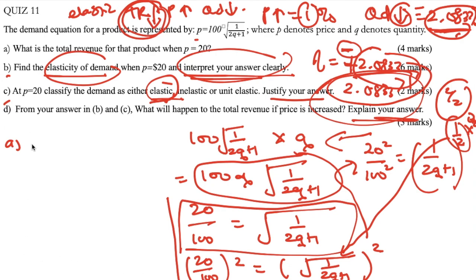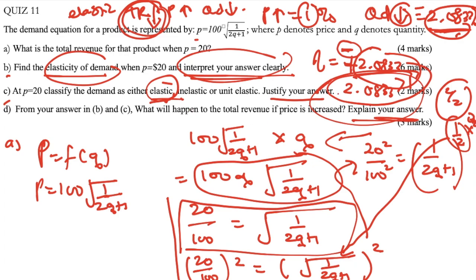Because here it is price as a function of Q, where P equals 100 times the square root of 1 over 2Q plus 1. And then you have to re-invert it to get the derivative, isn't it? In order to calculate the elasticity, you have to re-invert it so that you can calculate delta Q over delta P, isn't it?